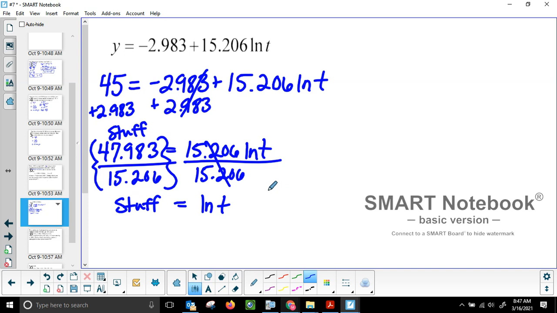Now this is in logarithmic form, so I can use the definition of logarithm.